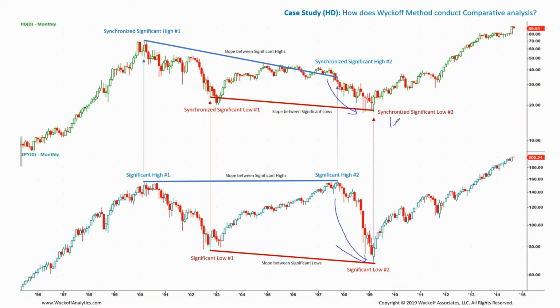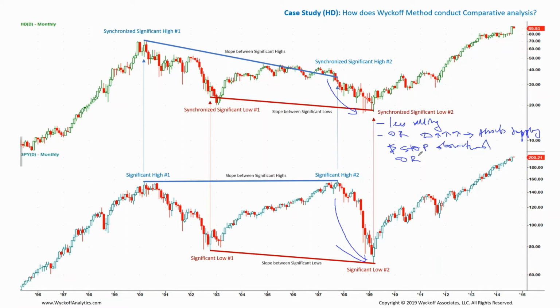Either there is less selling, and the stock is not being sold as much as the market, or alternatively, there could be some demand that's coming in, and that absorbs the supply and either stops the downtrend, or it just produces the downtrend that is not that aggressive.